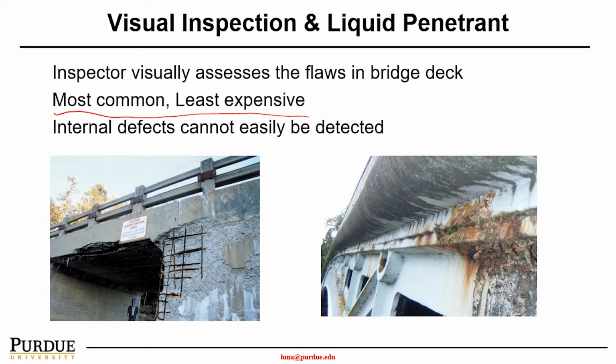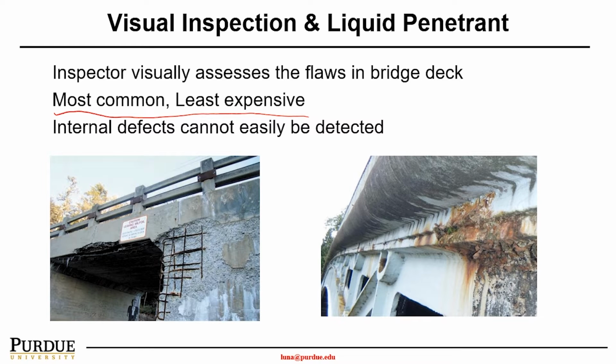Of course, it relies on the inspector's eyes and visual ability to identify the defects and flaws, and it is very commonly used, particularly for bridge decks and in civil engineering. Actually, 85% of surface cracks are identified by visual inspection methods.